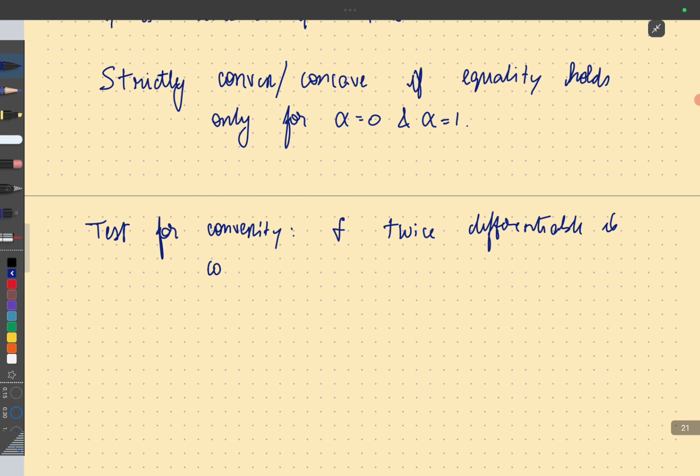It is convex if and only if the second derivative is non-negative.